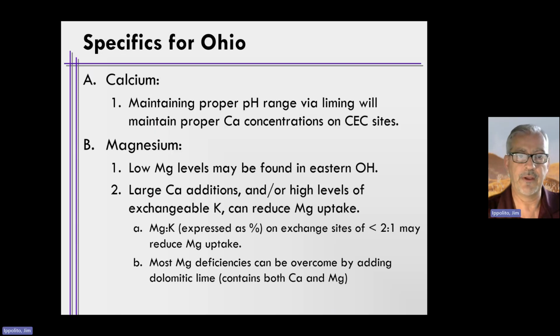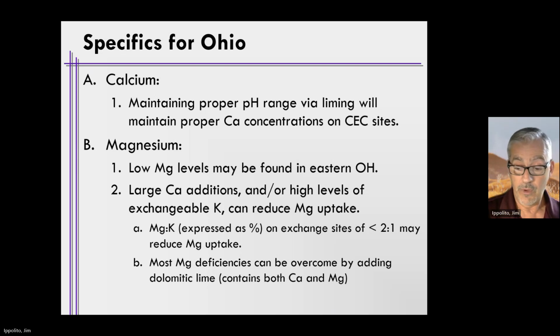So some other specifics for Ohio. For calcium specifically, maintaining proper pH range via liming maintains proper calcium concentrations on the cation exchange sites to act as a buffer for calcium when it's removed from the soil solution.